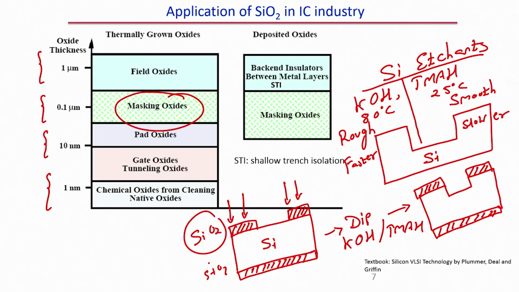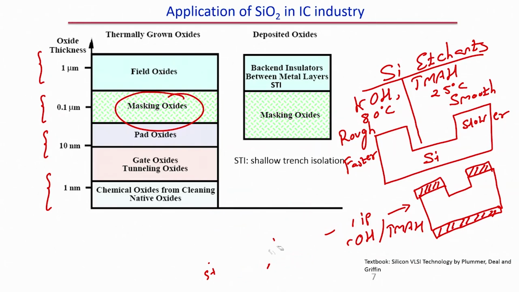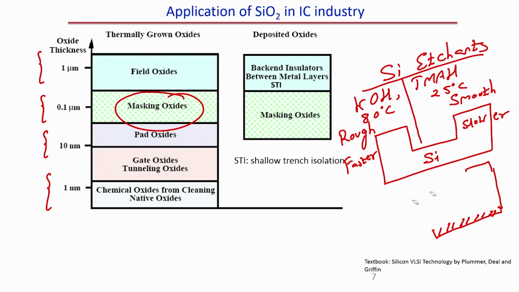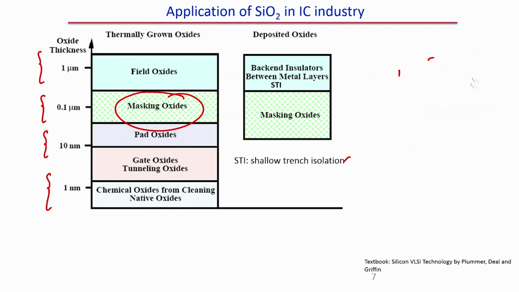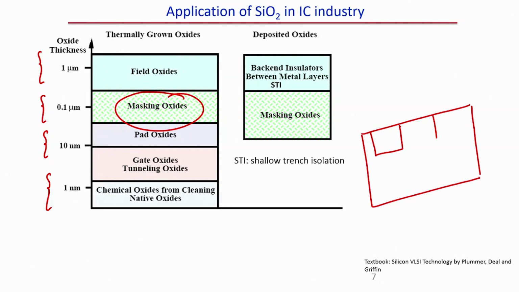All right. This is an example of masking oxide. Now, in the same way, by changing the thickness of silicon dioxide, we can also use silicon dioxide as pad oxides. We can also use silicon dioxide for gate oxides. We all know that when we have a MOSFET, we are just drawing a very simple diagram.